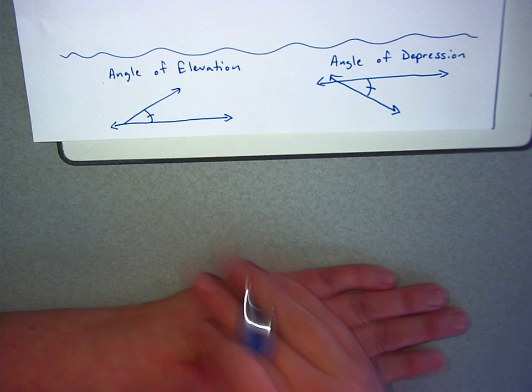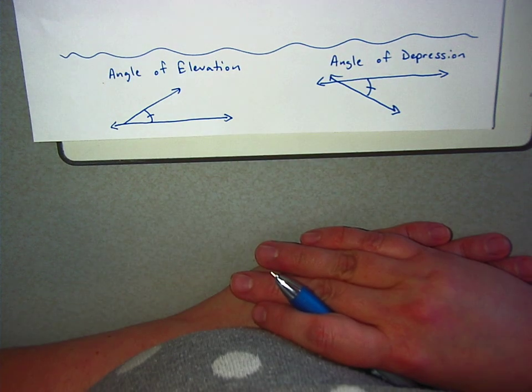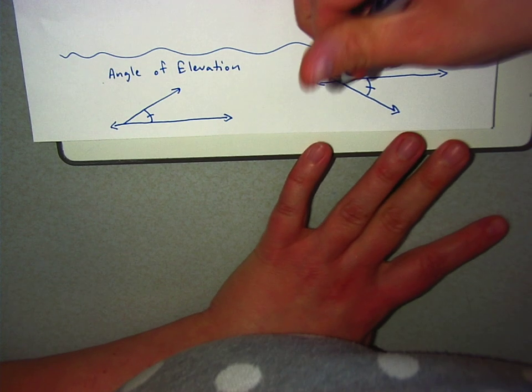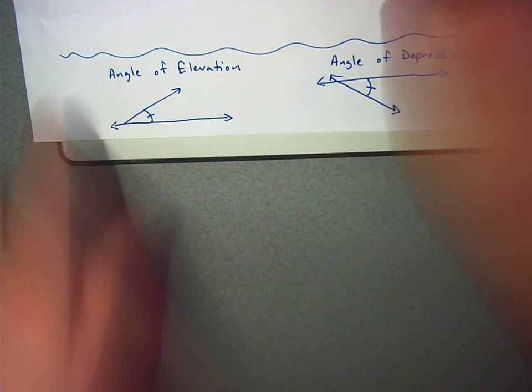It doesn't matter if these ones cross or if they start at a certain place. Just one is horizontal and the other one's going down off it.